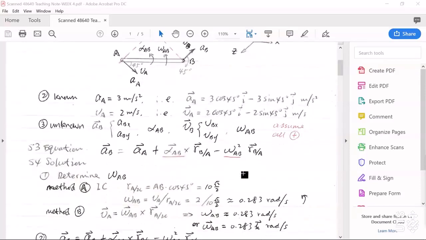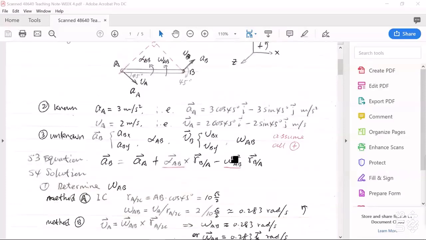For acceleration analysis, normally before we can solve acceleration, we have to work out velocity first. For example, here we have to work out omega AB first. How to work out omega AB?